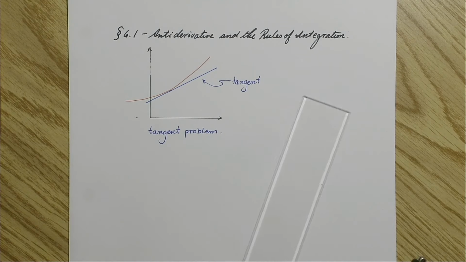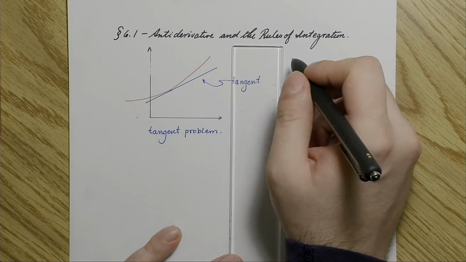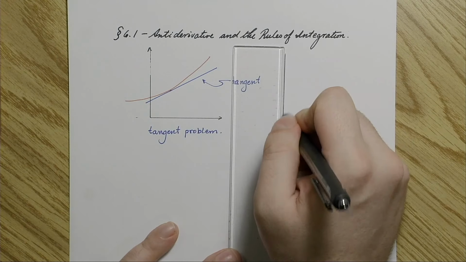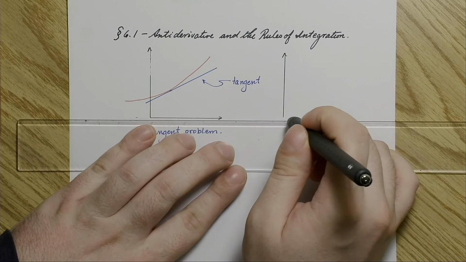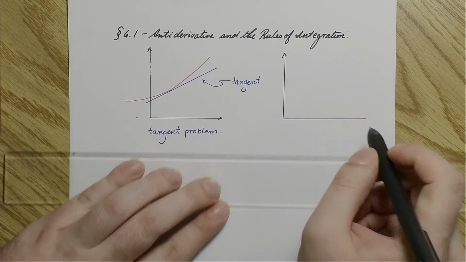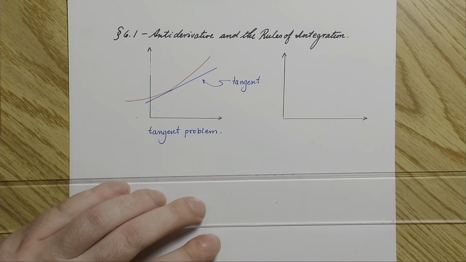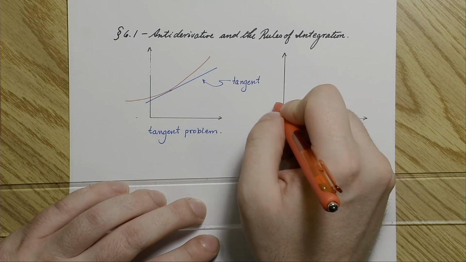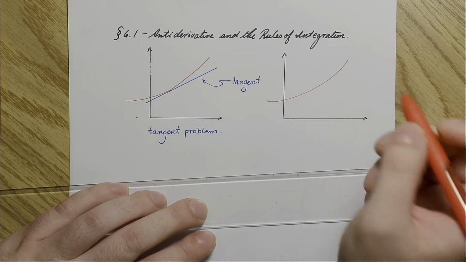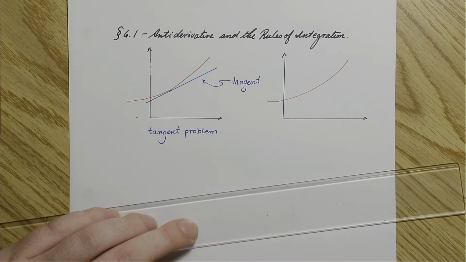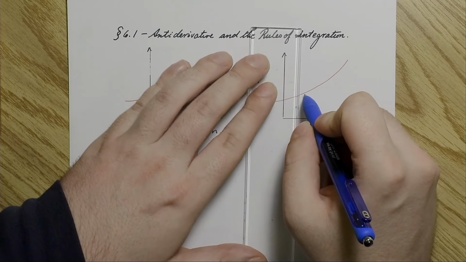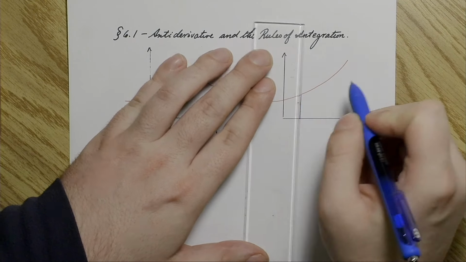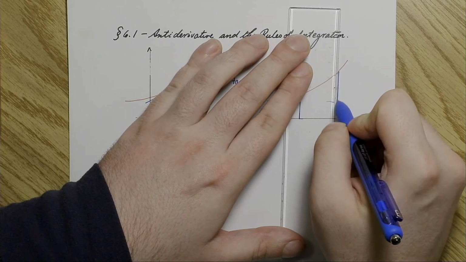So what's the other problem that I introduced at the beginning of the year? We have some curve like this, and the question became, what's the area under the curve?